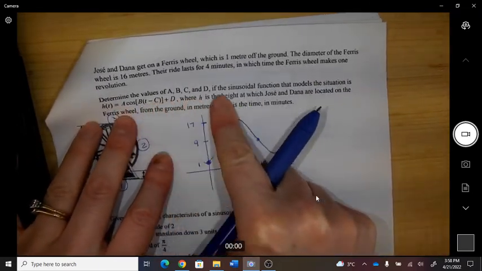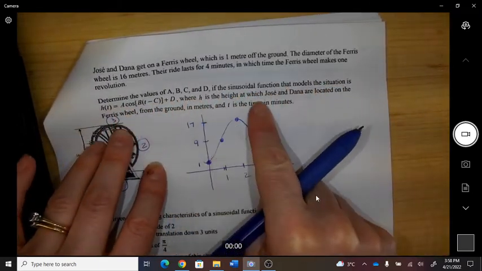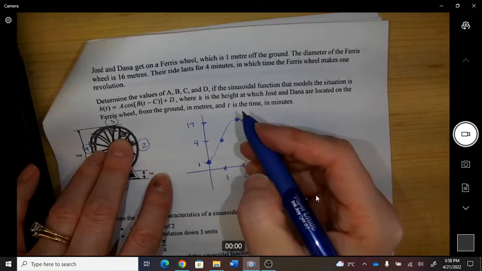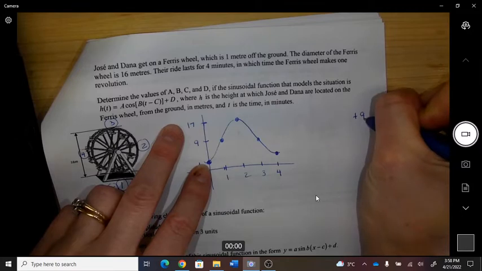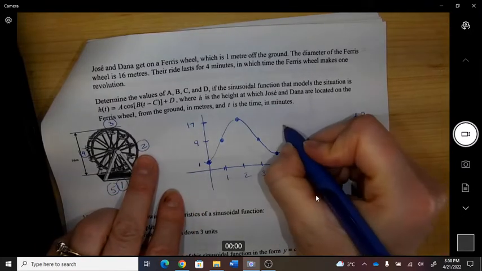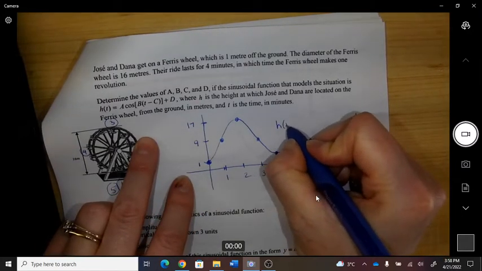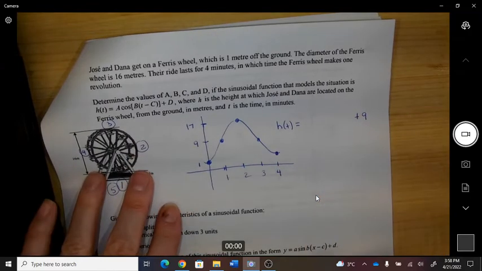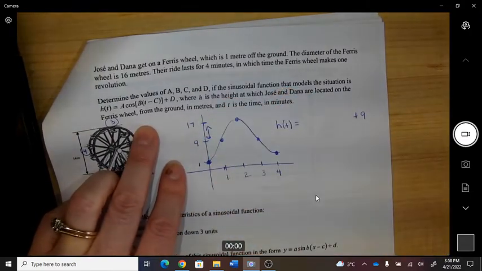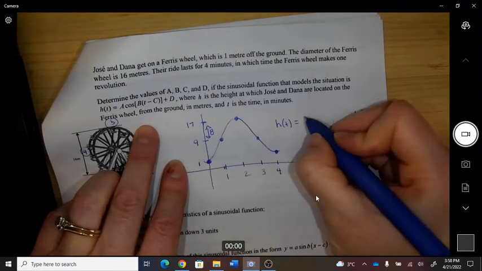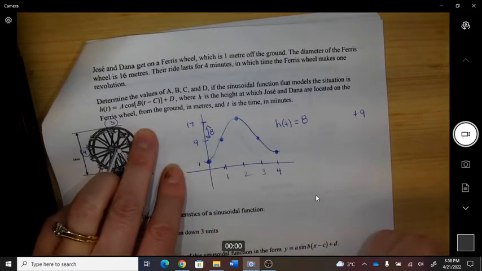Okay. We got to determine the equation here. So we need a plus 9 at the end. Okay. We need an amplitude of 8. So we need 8.